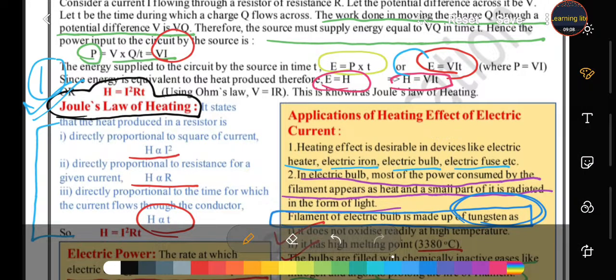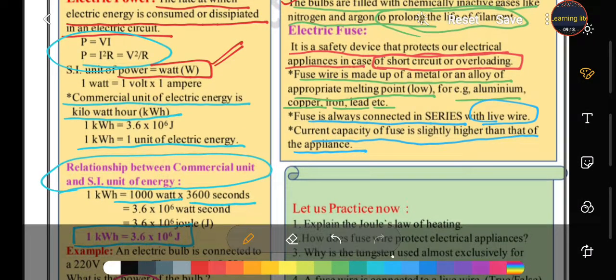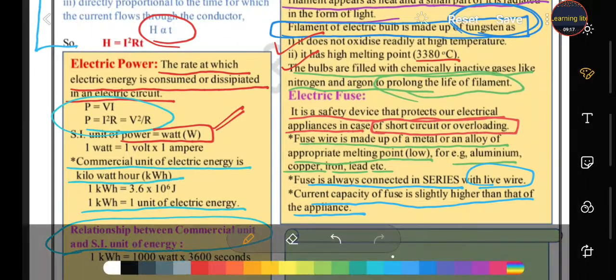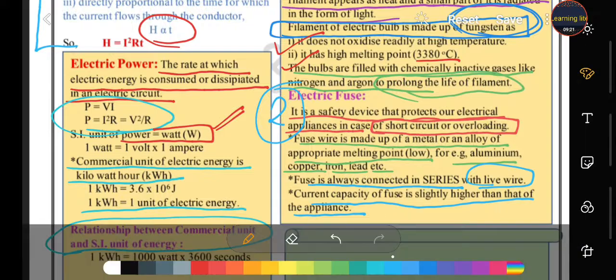Okay. Second question is here. How does fuse wire protect electrical appliances? Here we discuss the fuse.